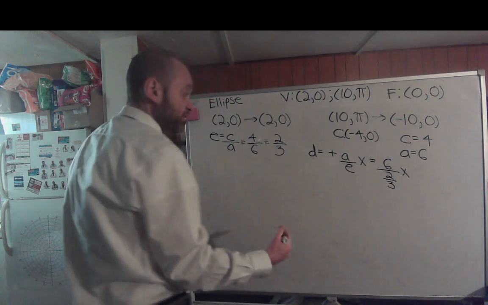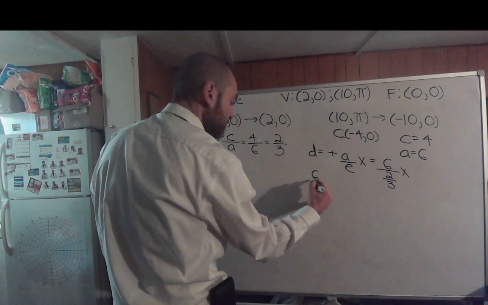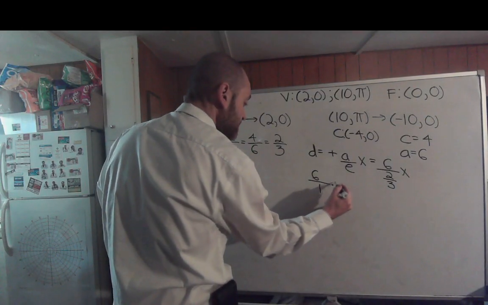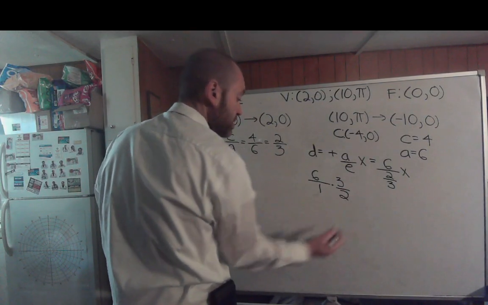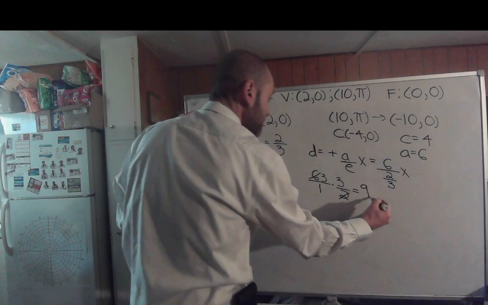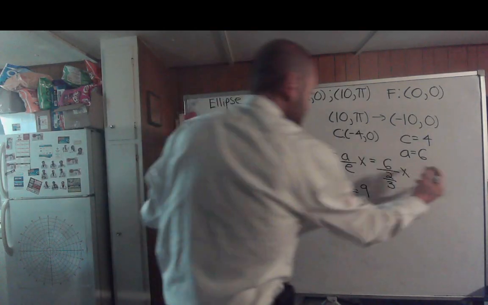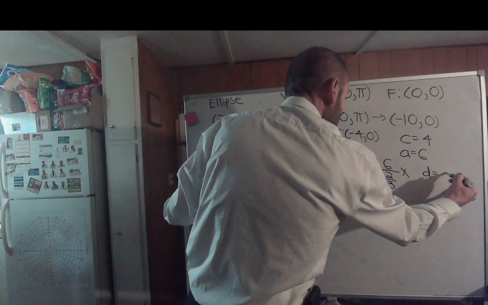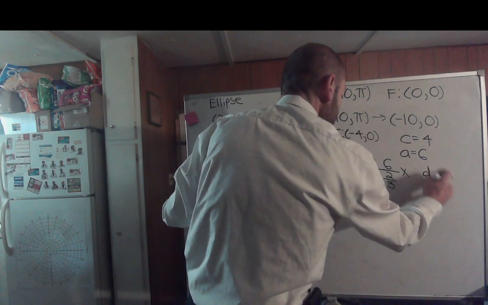Well, we have a complex fraction. So what is 6 over 2/3? That's the same thing as 6 over 1 times 3 over 2. 2 goes into 6 3 times, so this would just end up being 9. So you have a directrix for x equals 9.